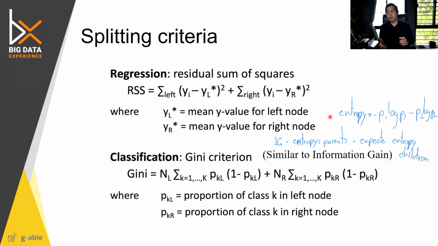You know that the idea of entropy is that if you have a mixture, you have a high value, right? The problem with entropy is this: it is a log, so it needs to be calculated as floating point. Floating point requires memory.